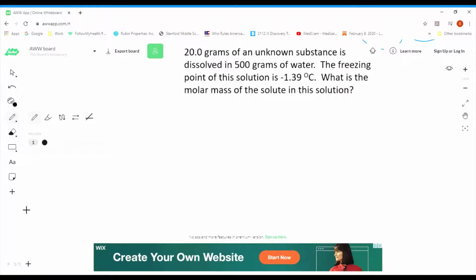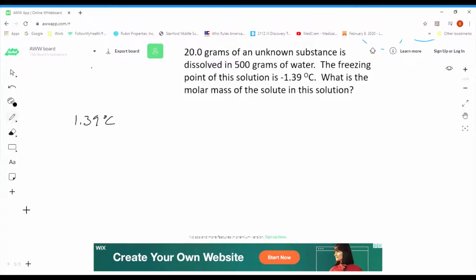I'm going to go back with a black pen. We said the first thing we need to do is figure out what the freezing point depression is. The freezing point of the solution was minus 1.39 degrees Celsius. Since water by itself is 0 degrees Celsius, that means the freezing point must have dropped 1.39 degrees Celsius.